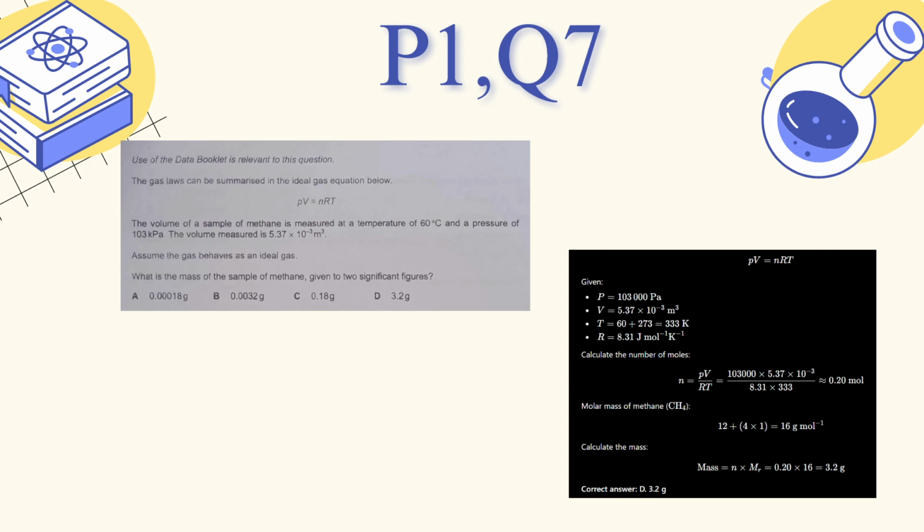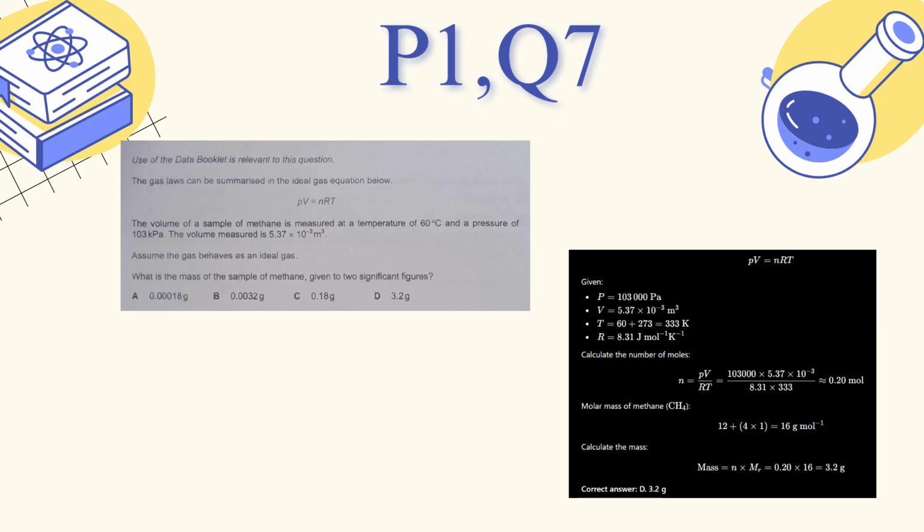Next, we move to question number 7. We're going to use the ideal gas equation, where P we convert from 103 kilopascals to 103,000 pascals, and then the volume, the temperature, and the R. First we calculate the number of moles by using the formula, and we get 0.20 mole.